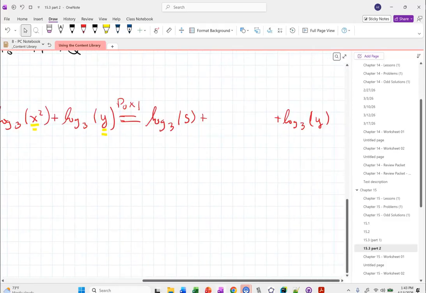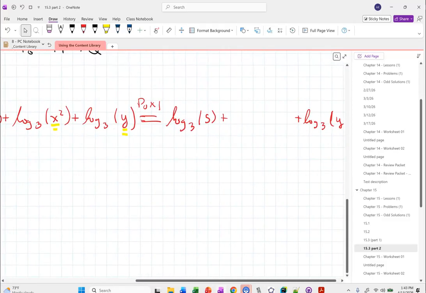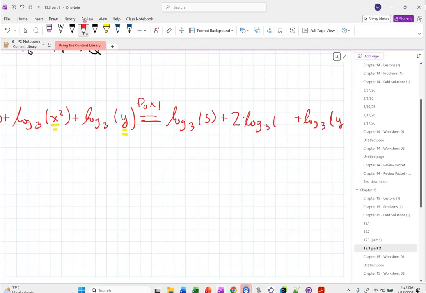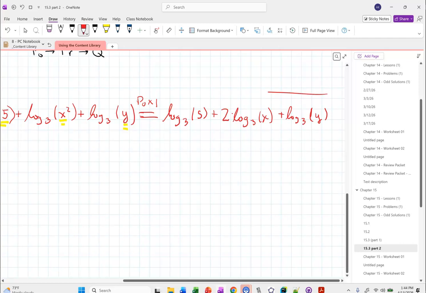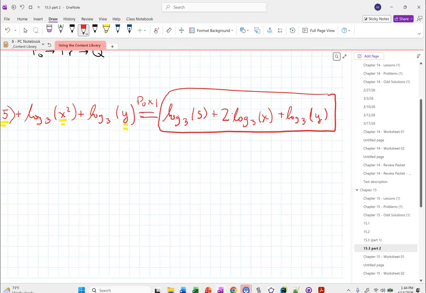Well, the exponent here was a 2. And we're done. That's the answer.